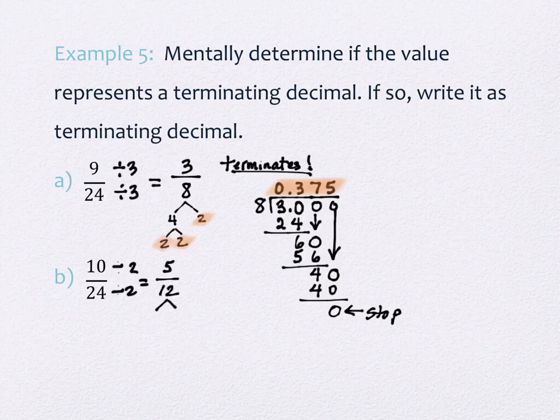How does 12 factor? 3 and 4, and 4 is 2 and 2. So these are my factors. Will this terminate? No, it will not. Why? Because there's a 3 in the reduced simplified version of this fraction, in the denominator. There's a 3 there. So this does not terminate.